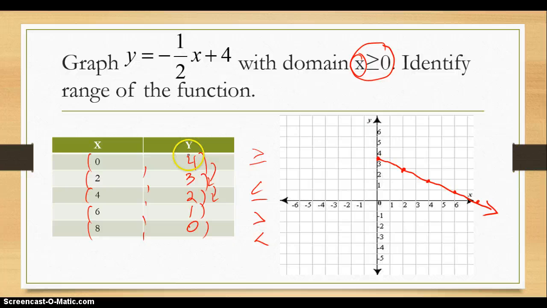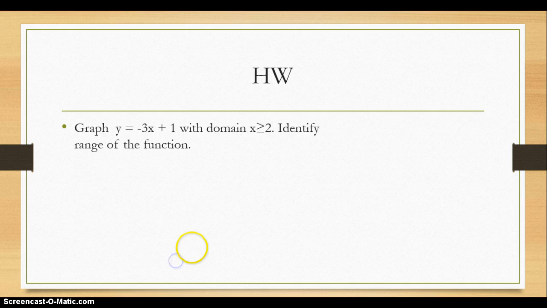So y could be 4, y could be 3, y could be 1 at some point. Remember this is the y-axis here. So based on this information, it can be any number on the y-axis less than or equal to 4. So y is less than or equal to 4.